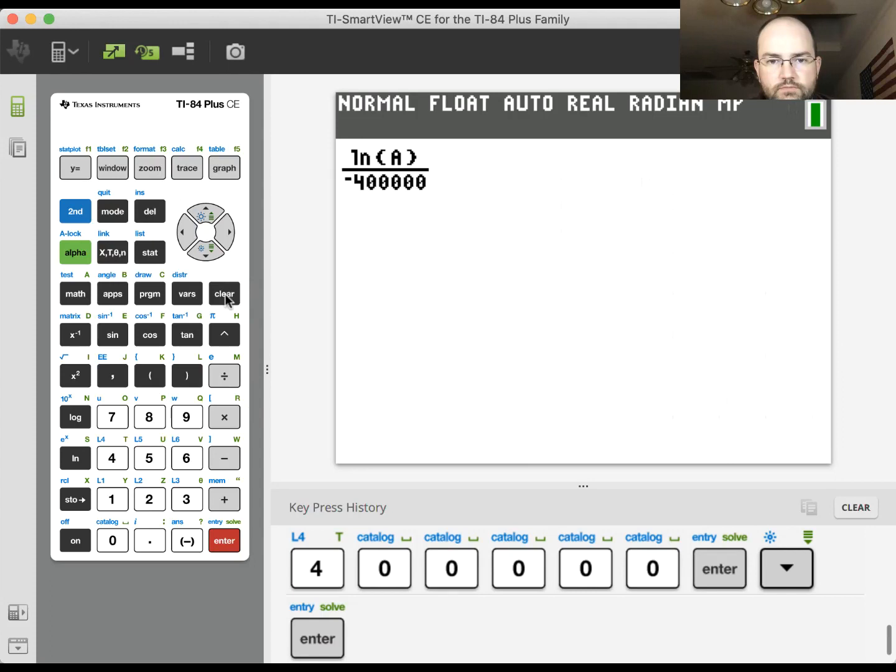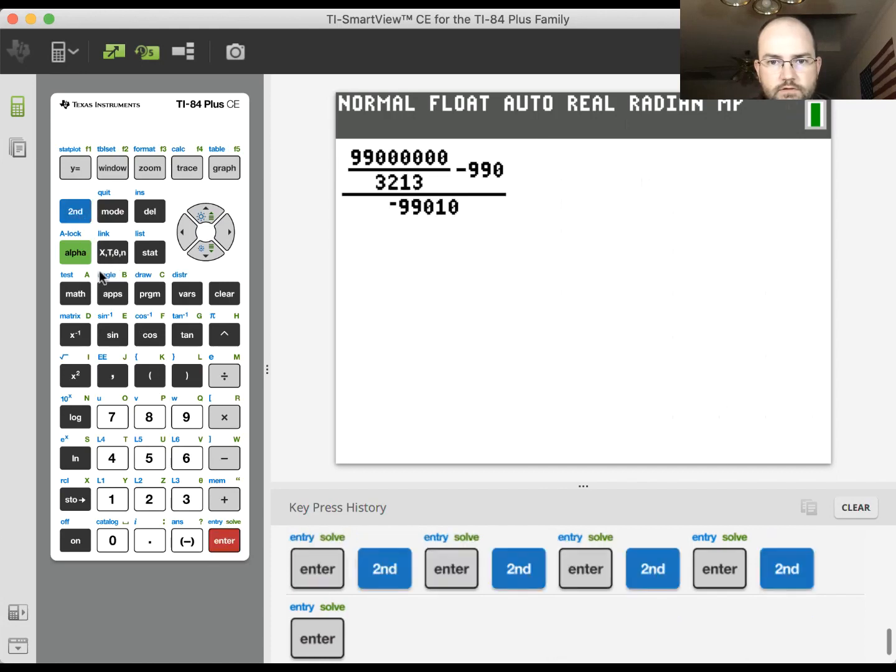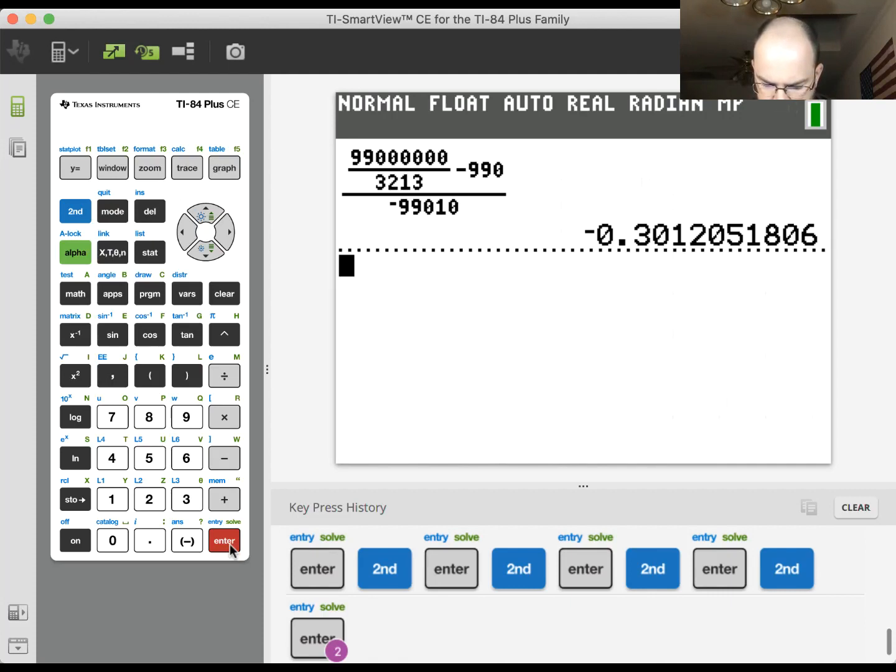What did that do? Second enter, second enter. Oh, that needs to be positive. Why is that negative? Ah, I see what I did.